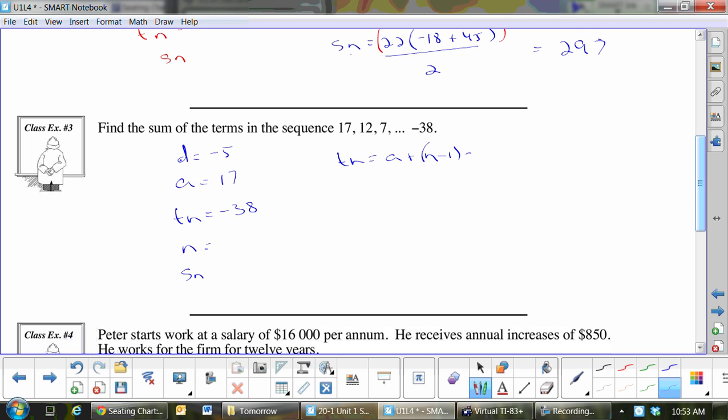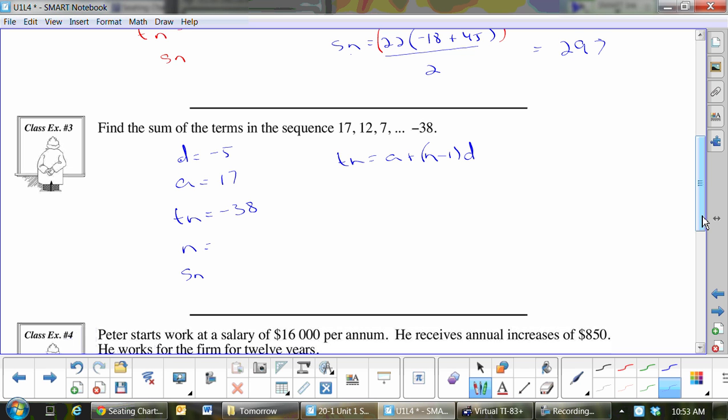You may have seen this before. Sometimes you got to use your Tn formula to get the number of terms, because the number of terms in a series and a sequence, wouldn't they be the same? The number of terms is common between a series and a sequence.